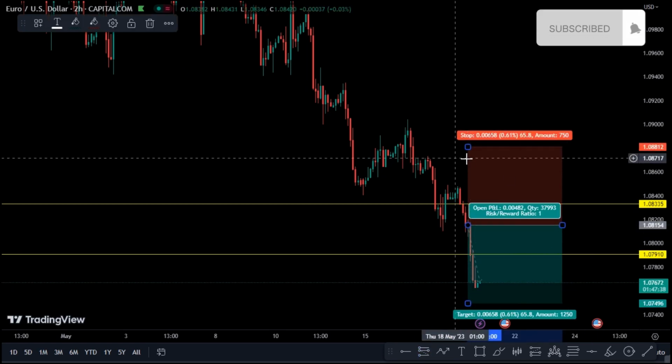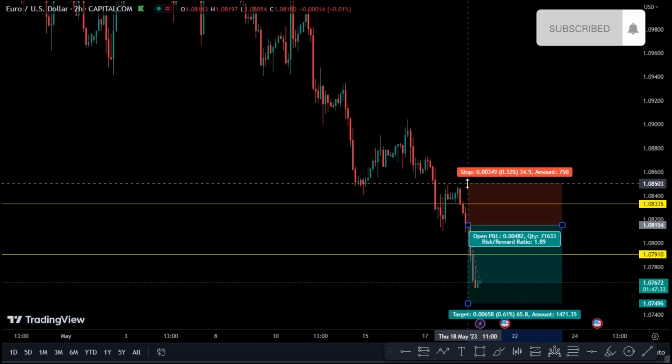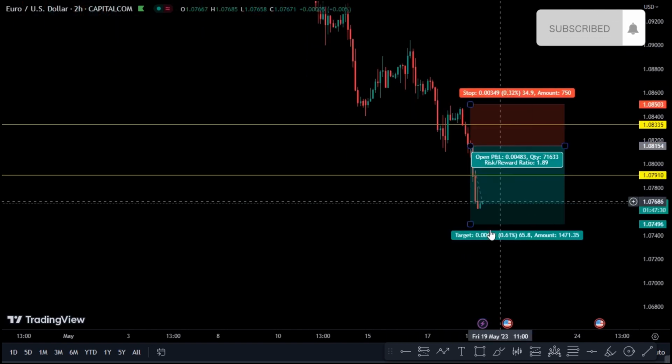So we took a sell here, and then we had our stop loss above this range here, so it's a 34 pip stop loss.